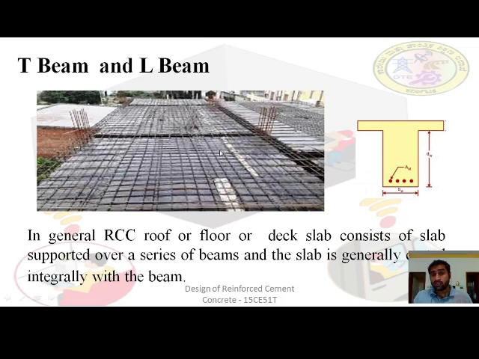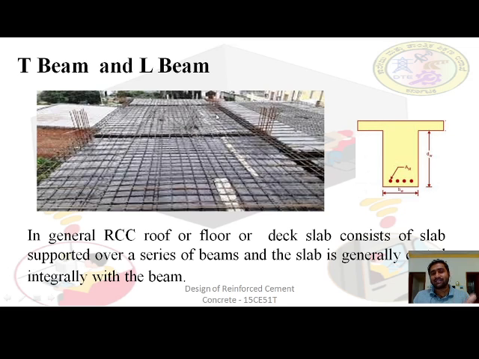When the beam and the slab are cast together, the beam will not act as an independent unit. It will be combined with the slab. The slab on either side of the beam, the left side and the right side, will help the beam carry the moment.